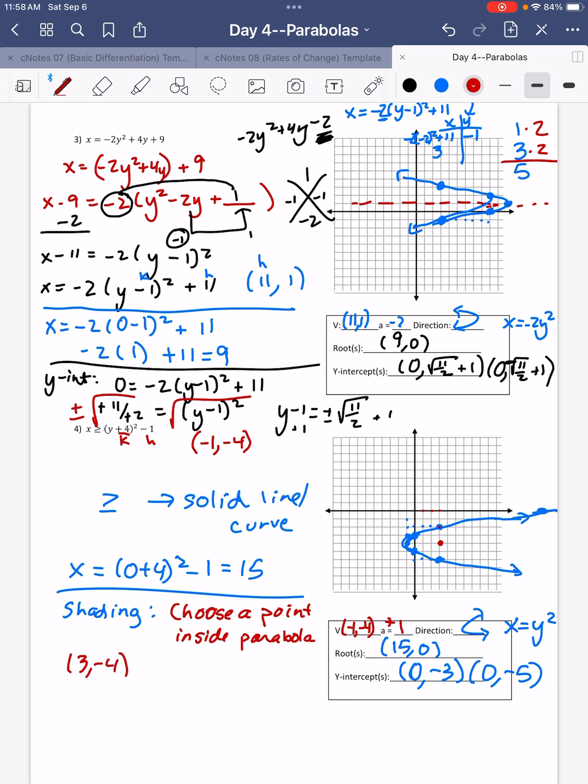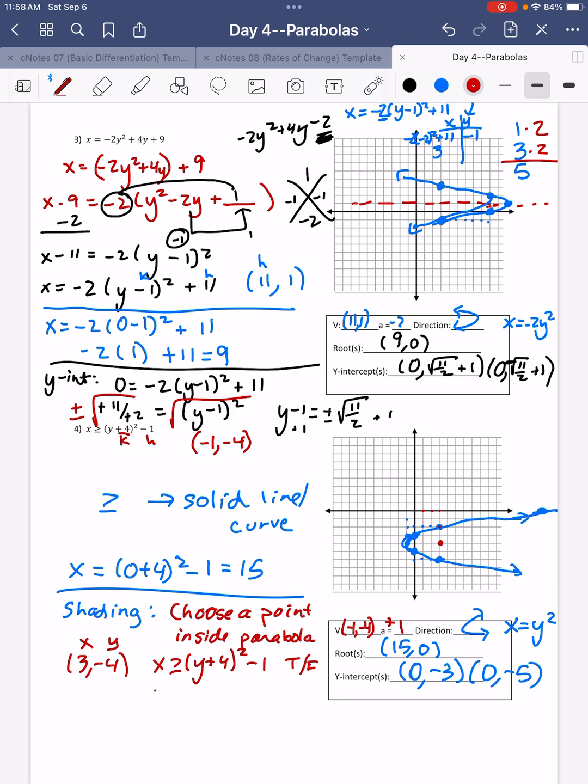And I just want to see if that point makes my inequality true or false. If it makes the inequality true, then that point is in the shaded region. If it makes the inequality false, then I will shade outside the curve. So this is my x, y.